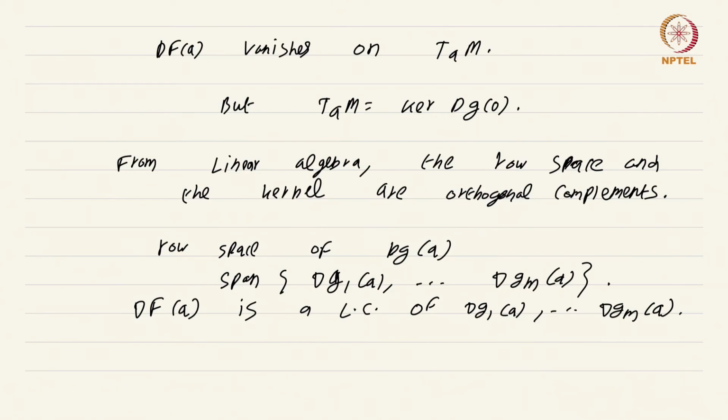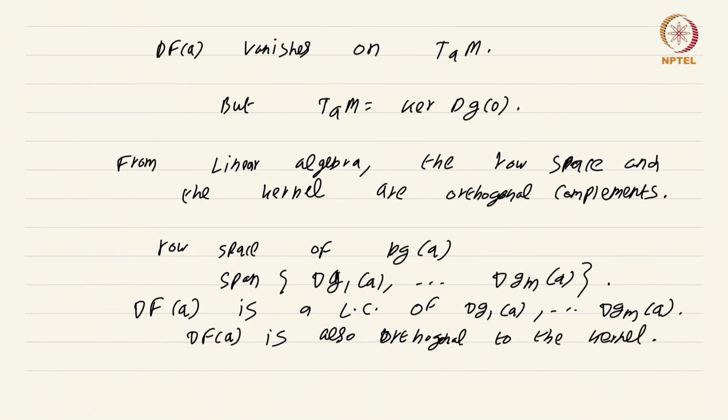Right? So, since the row space and the kernel are orthogonal complements, and this gradient of f at A is orthogonal to the kernel, that's what we just established.